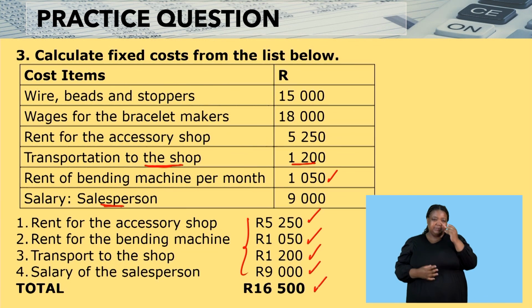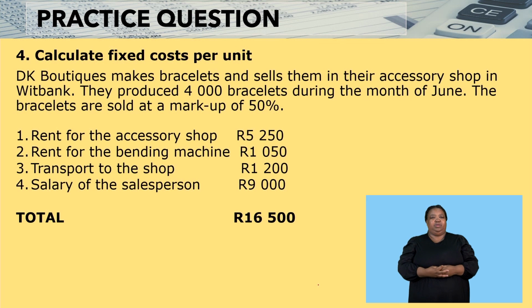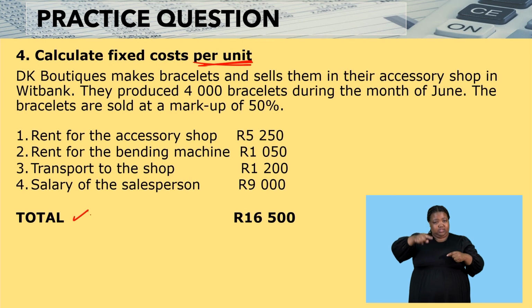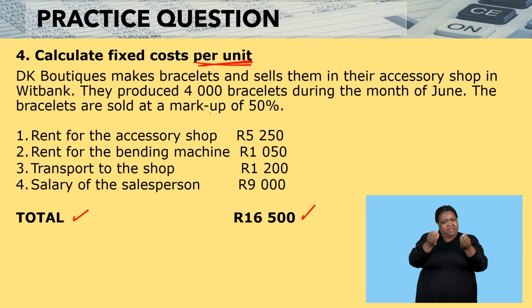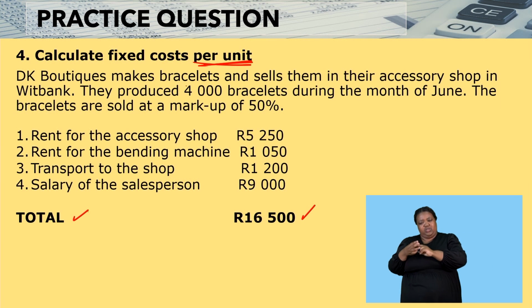All right. Question number 4 says, calculate the fixed cost per unit. You have to know that this is the total fixed cost of 16,500. But when we used 16,500 as our fixed cost, we had produced 4,000 units, 4,000 bracelets.